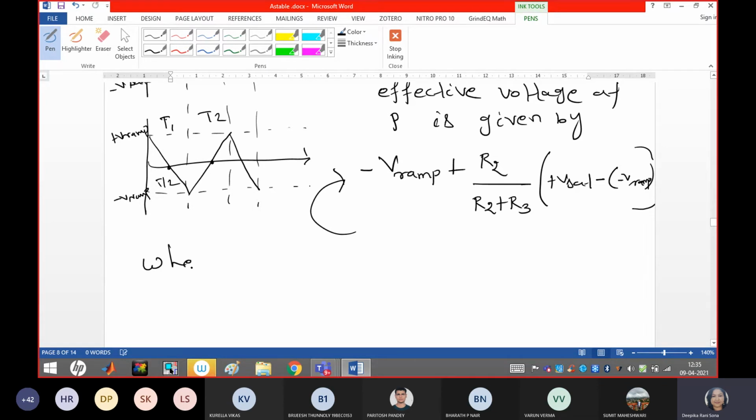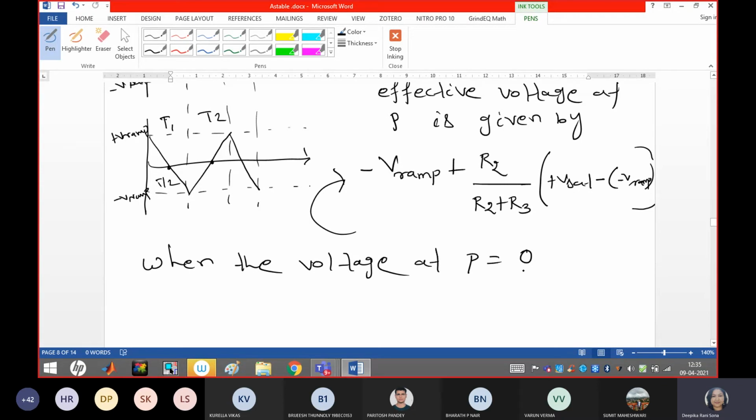Now the condition is when the voltage at P is 0. What will be the equation at this point? Already we have seen the voltage at P can be written for when the voltage changes from plus Vset to minus VRAM.